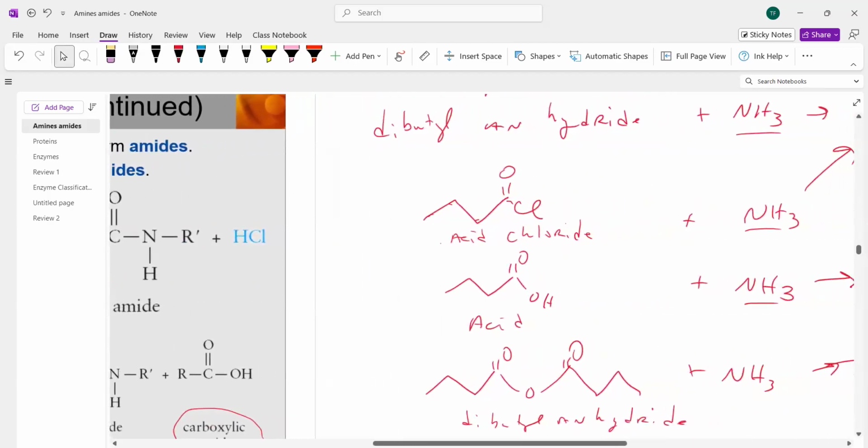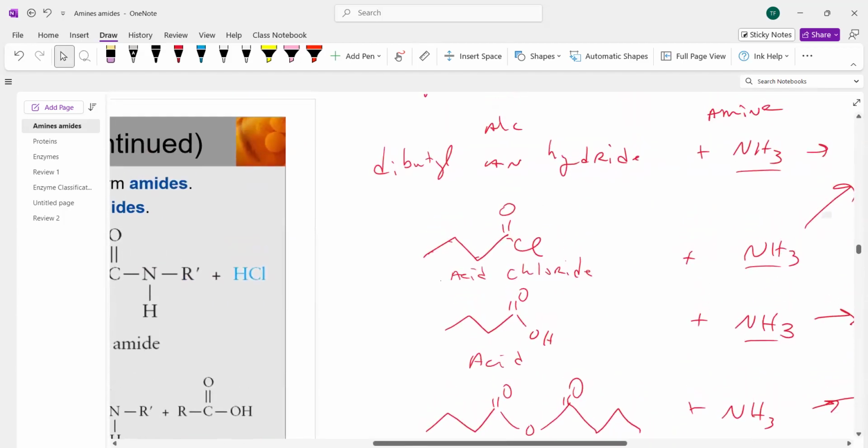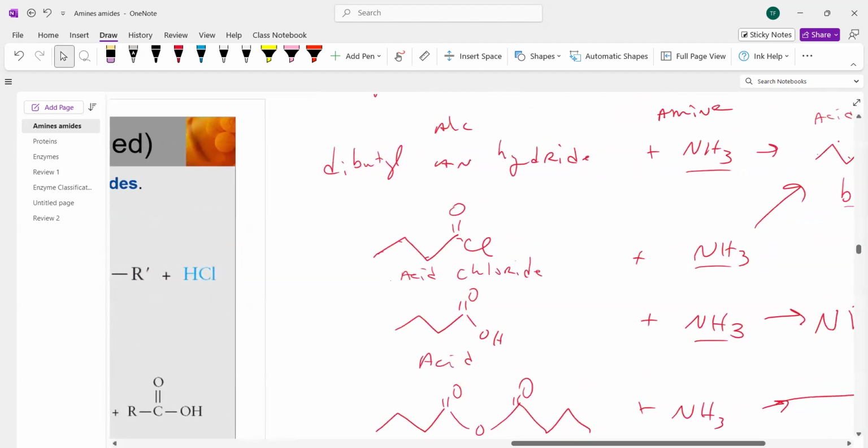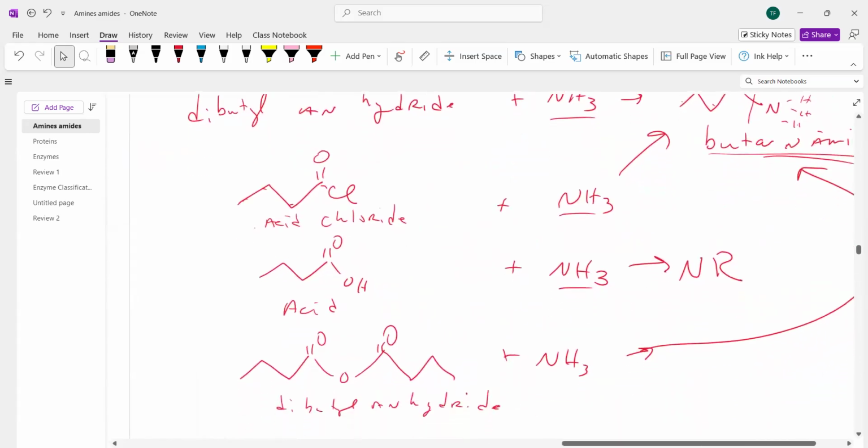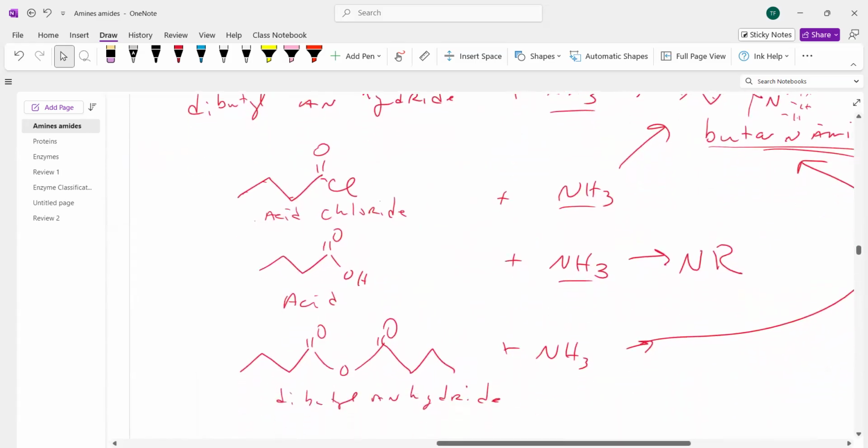So there are 3 ways to make an amide. Only one way is so horrendously slow that it's not even considered a means to do it. They just say it's no reaction. So just like with esters, there are 3 ways to make an amide.